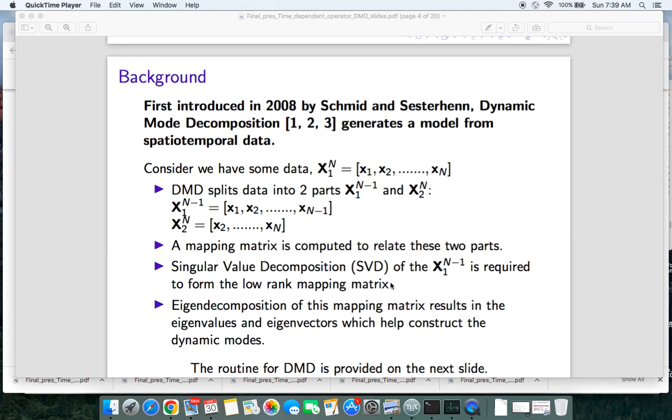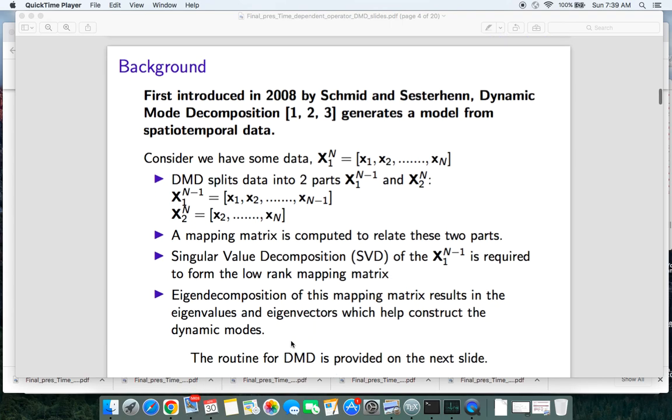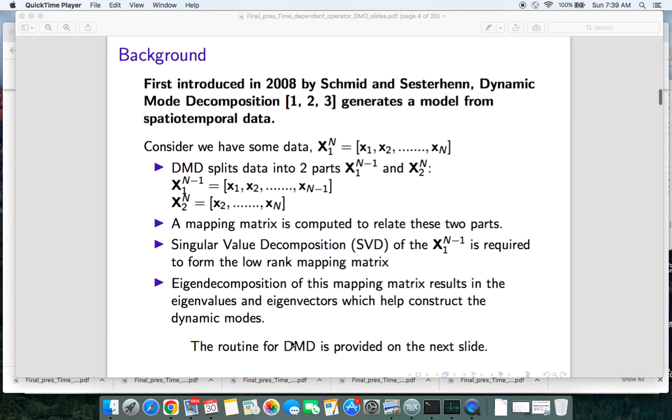Singular value decomposition of the first part will be required to form the low rank mapping matrix. An eigendecomposition of that mapping matrix would result in the eigenvalues and eigenvectors, which would help us construct the dynamic modes. The routine for DMD is provided on the next slide.